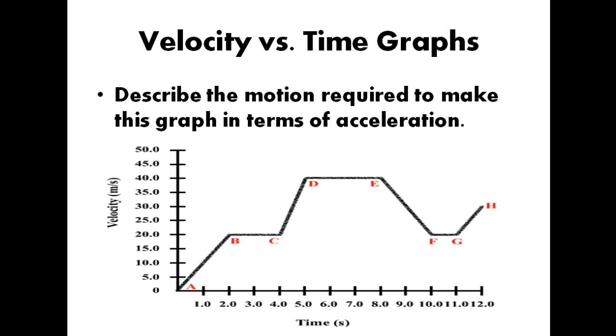From A to B, I have increasing velocity, and since it looks fairly constant, because in 1 second it went 10 meters per second, and in 2 seconds it went 20, that would be a constant acceleration. Well, actually, it's not a constant velocity. Increasing velocity and constant acceleration. And then from B to C, I have a constant velocity at 20 meters per second and 0 acceleration.